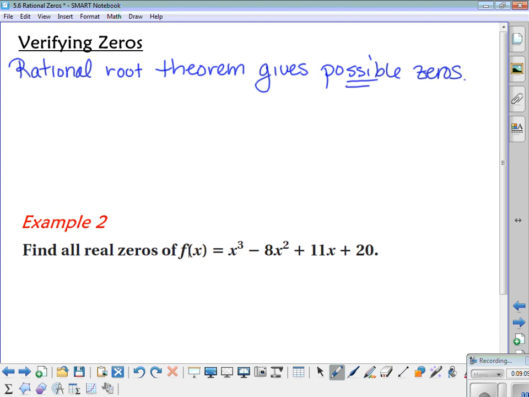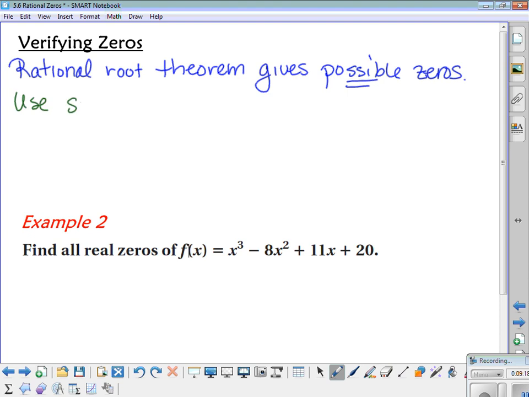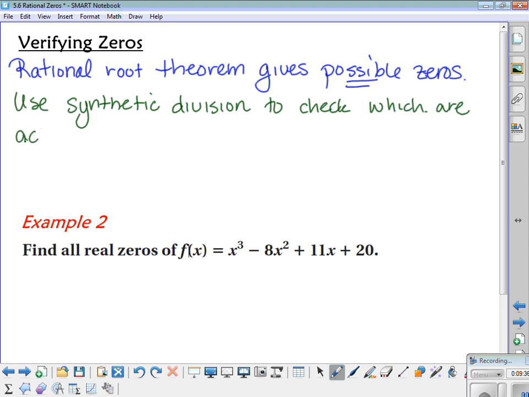They don't all work. So what we have to do is we're going to use synthetic division to see which ones are actual roots. Which are actual zeros or roots, either way. Same thing.